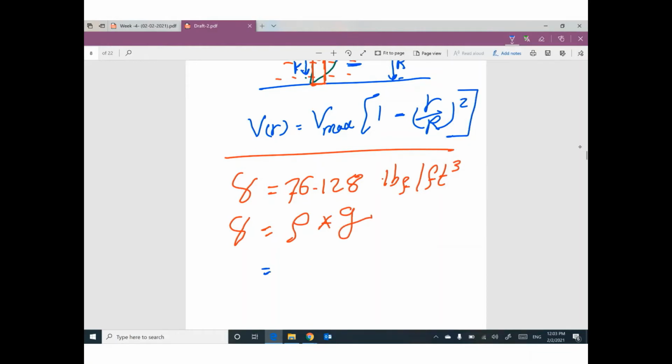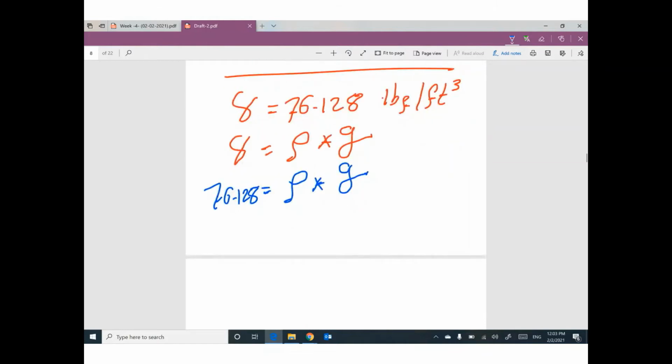So 76.128 equals rho times g, where g is 32.2 feet per square second.